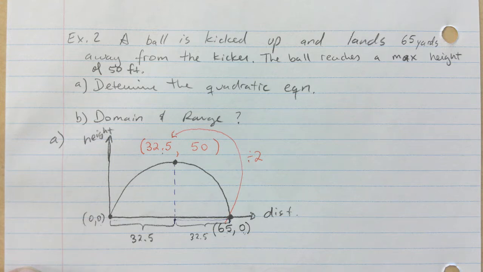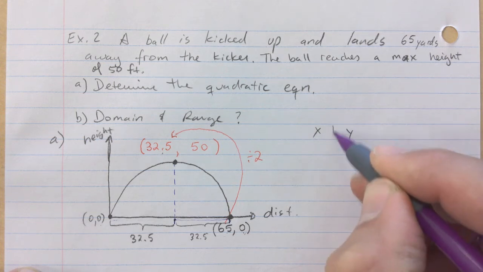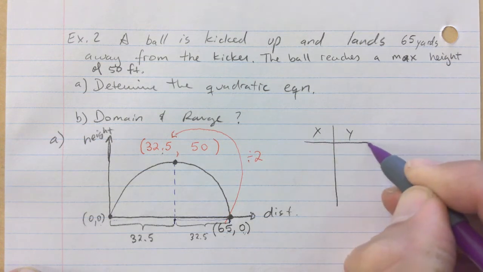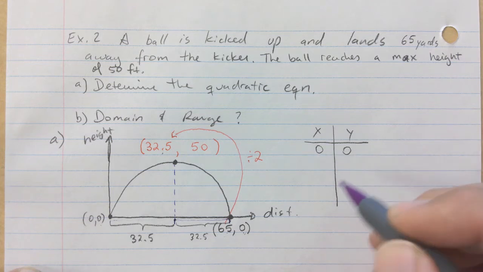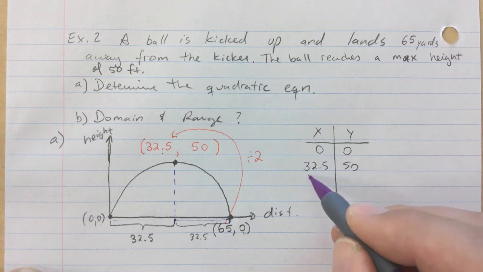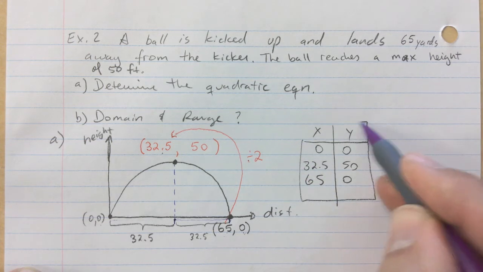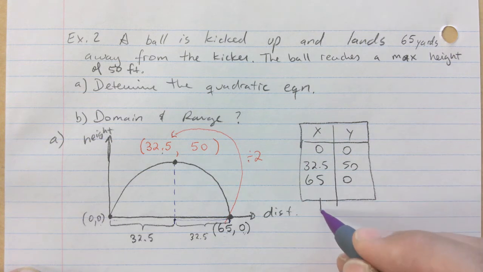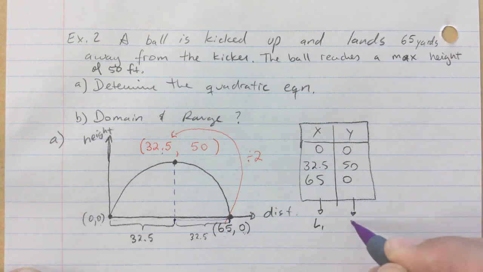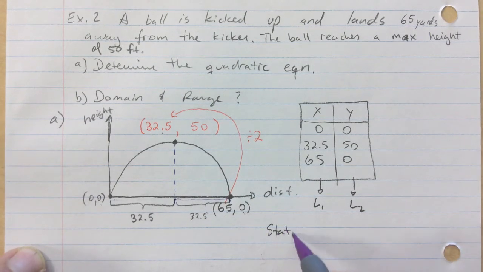So now we can come up with the equation. So we're going to come up with our x and our y. Okay. So it's 0, 0, 32.5, 50, 65, 0. Put this into L1, we'll put this into L2. We're going to go stat, calc, quadratic.